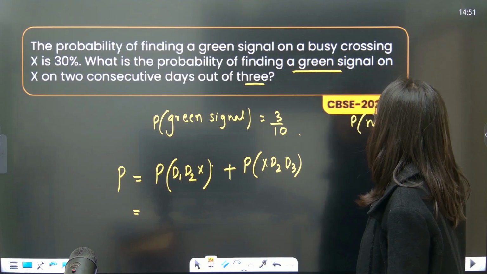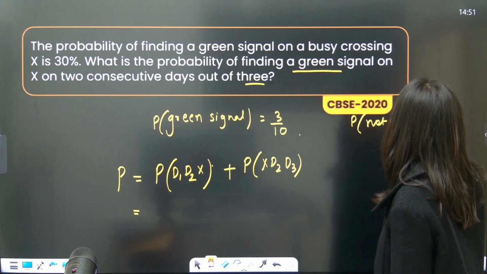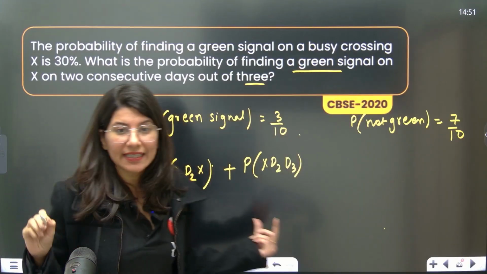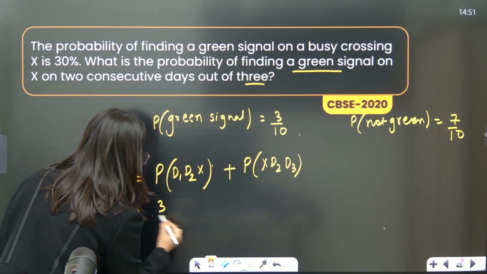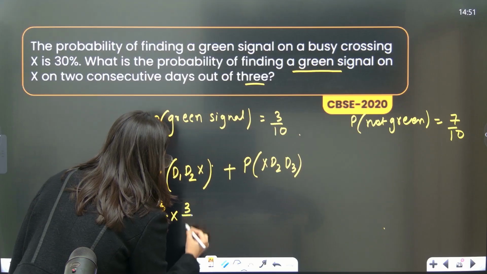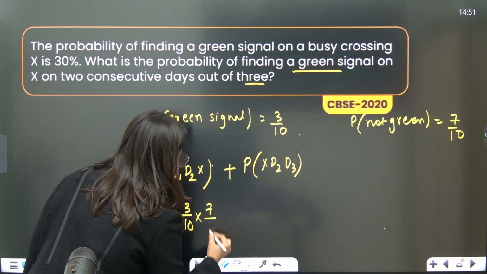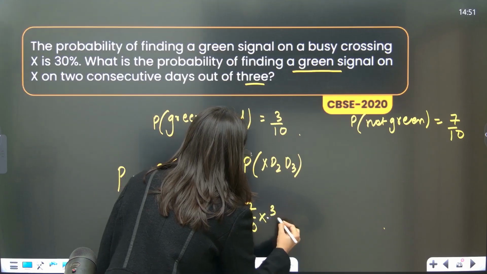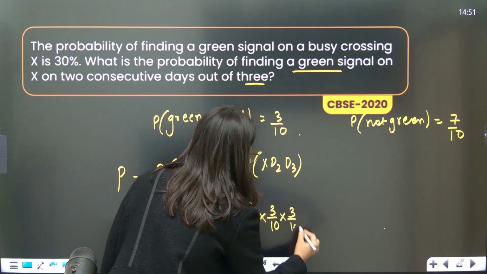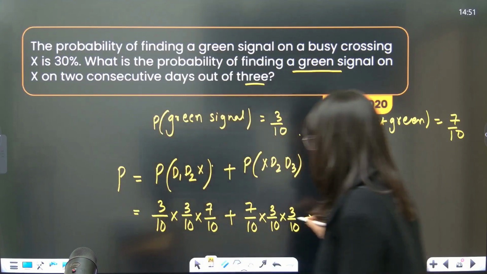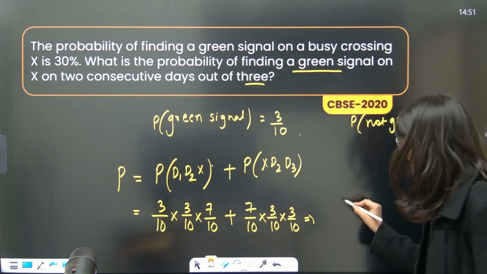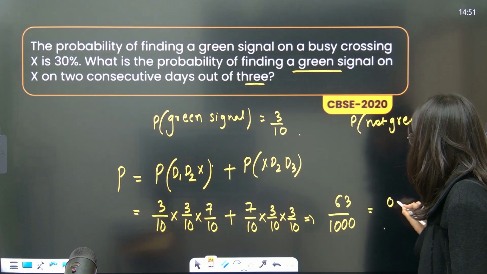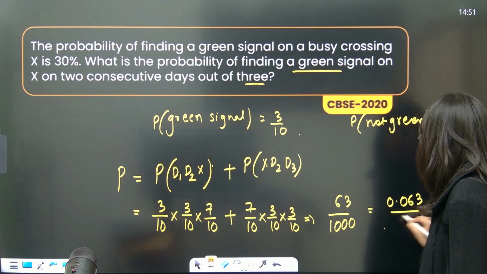The probability of not getting a green signal is 7 by 10. So now on day 1 you are getting green signal, 3 by 10. On day 2 again green signal, but on day 3 you are not getting green signal, plus the same: not getting green signal, getting green signal, getting green signal. So this is 7 threes are 21, 21 into 3, 63 by 1000, or 0.063 is your probability.